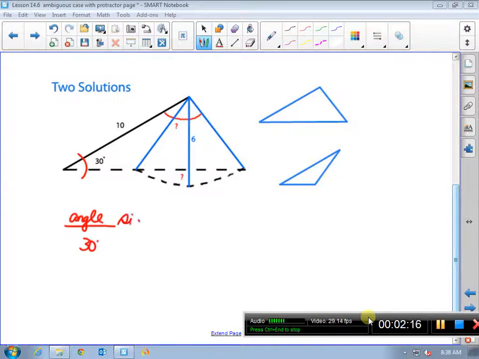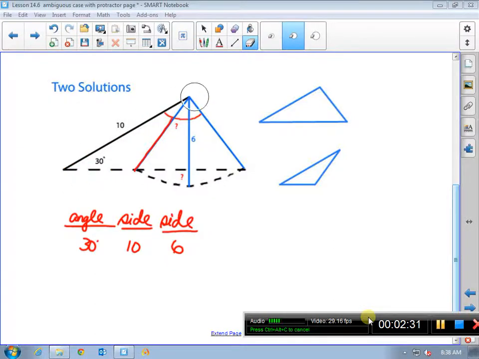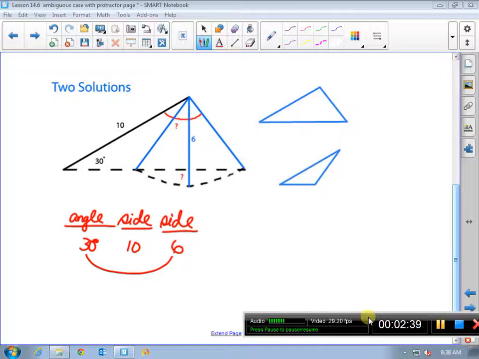And then I should have the two sides following it. So I'm given information on the two sides. Here's the 10. And then I'm given that this other side is 6. So the question is, how many triangles can I build with these measurements? 30 degrees, 10, and 6. And this 6 is across from this 30.